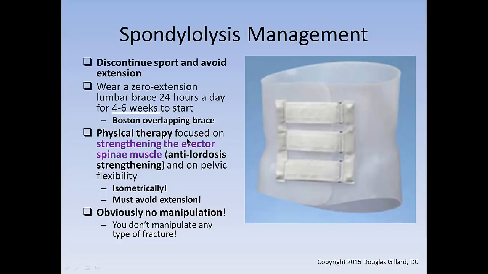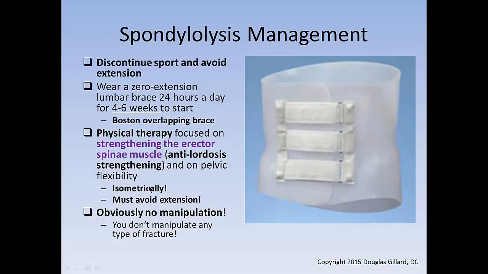Physical therapy. So what can we do in our office? We can definitely start strengthening the core. The anti-lordotic strengthening. What's that? So what can decrease your lordosis if you increase the strength of your erector spinae muscles? So we can do that. You have to be careful though, right? You have to do the strengthening isometrically.